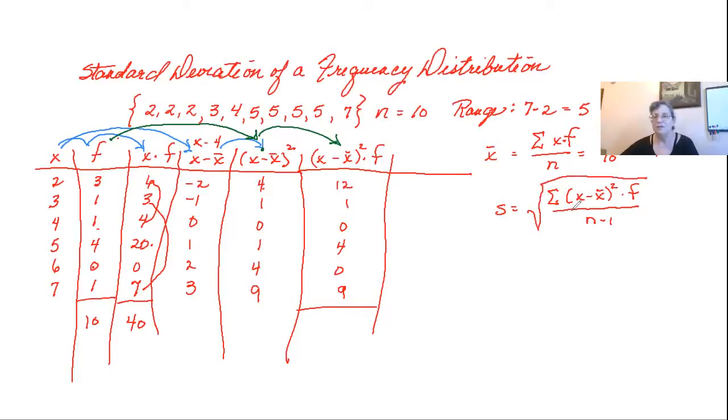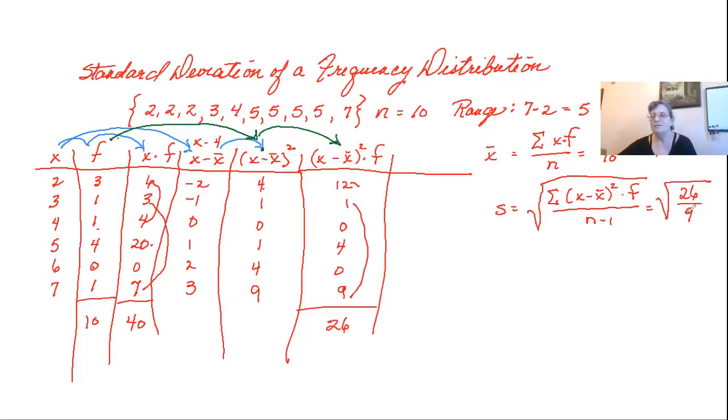So far, this column has the numerator. I need to add this. 1 and 9 is 10, 22, 23, 24, 25, 26. So this is going to be 26 divided by 10 minus 1, which is 9.